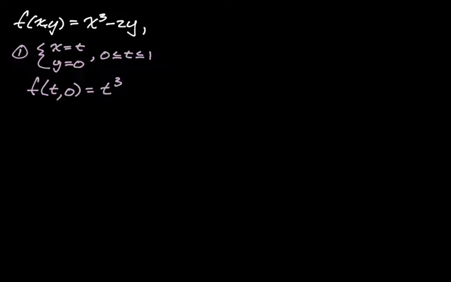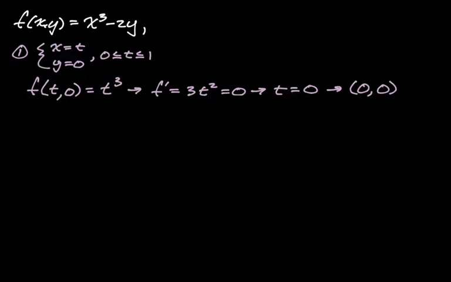The notation I always think breaks down a little here, so I'm just going to call it f prime. F prime is just 3t squared. That equals 0 when t equals 0, which means I need to check the point 0, 0. But 0, 0 is one of the endpoints, so technically it's kind of on the domain, but not really. I mean, we were checking that anyway, right? That was one of the corners.